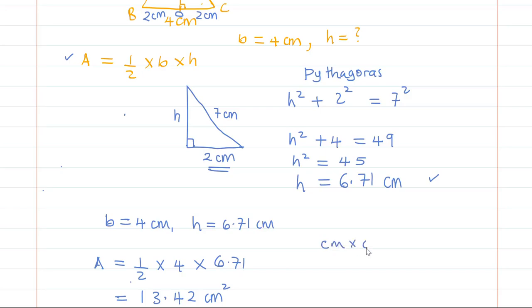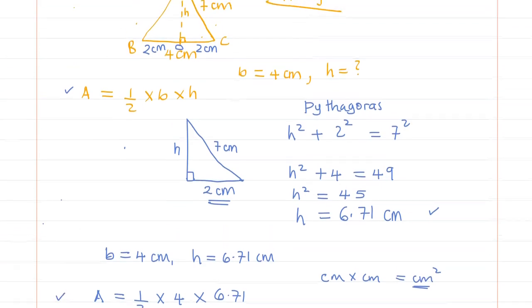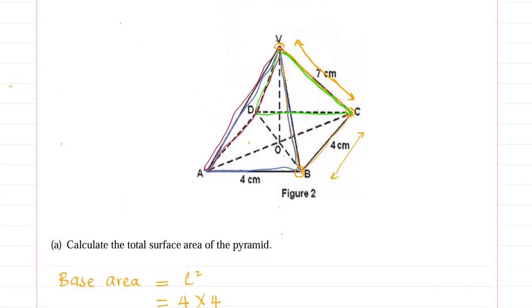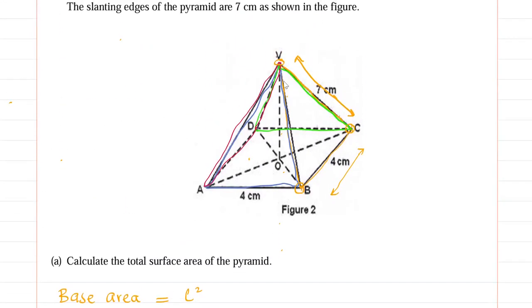Centimeters times centimeters gives us centimeters squared. So that is our area. And remember, this area that we are getting here is the area of one of the surfaces, right? It is the area of one of the identical slanting surfaces.